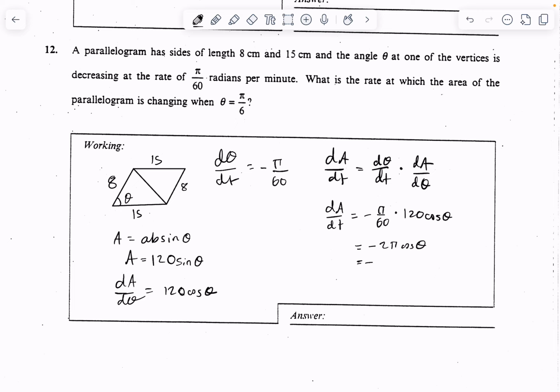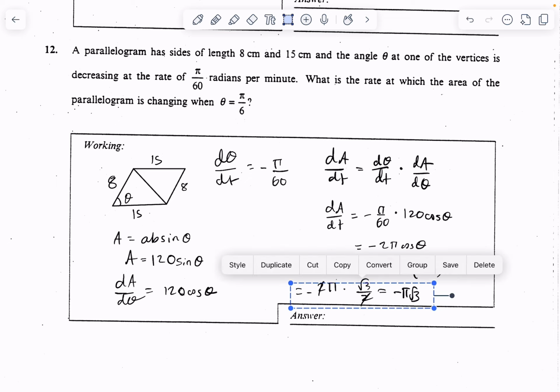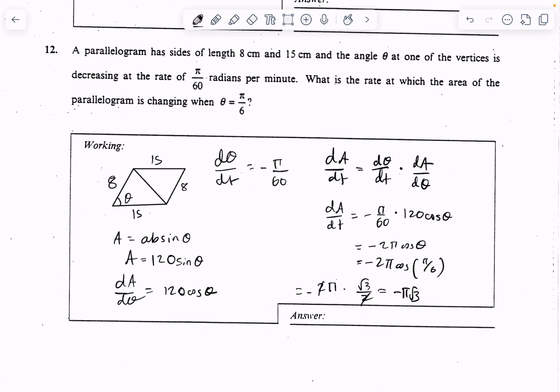So we get minus 2 pi cosine pi over 6, or minus 2 pi times root 3 over 2. The 2s cancel, and we get minus pi root 3. Let me move this here. It's going to be centimeters squared per minute. And that's our solution to the problem.